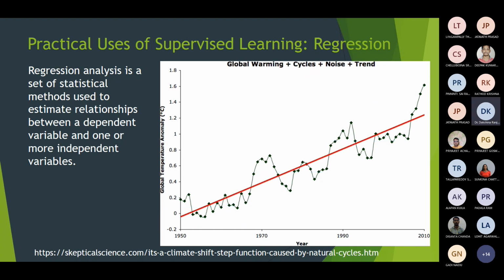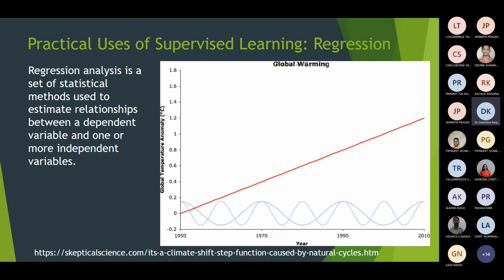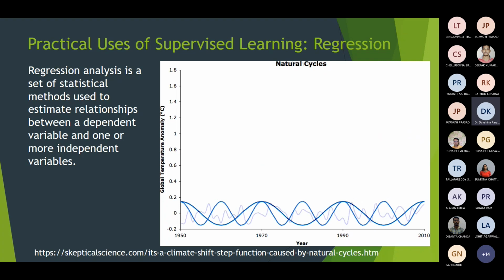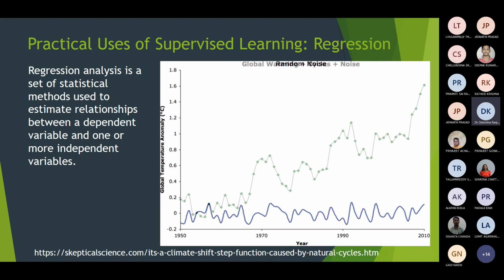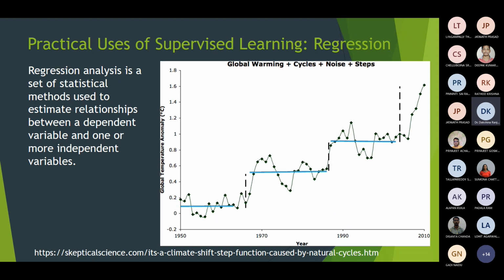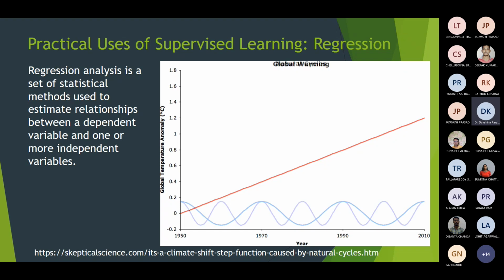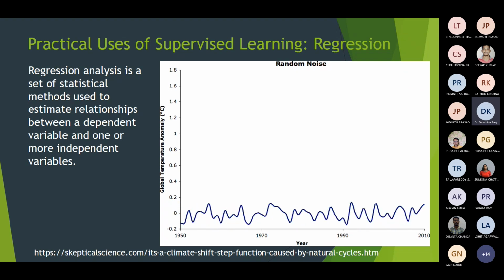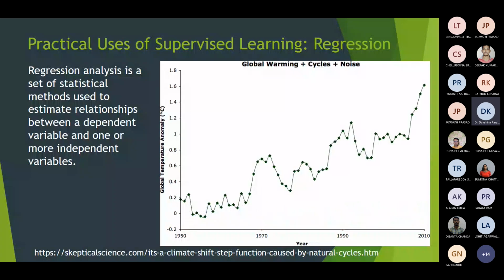A similar problem is global warming. Here we consider a data set of average temperature which has been determined over the last 50 years or more. Since we are now in 2023, it is almost 73 years.